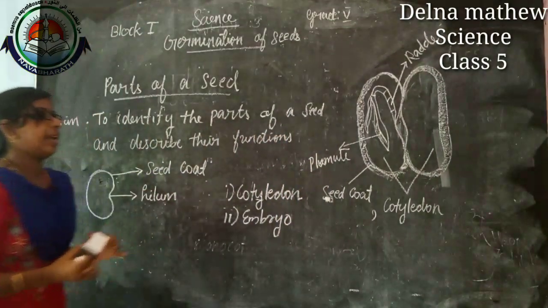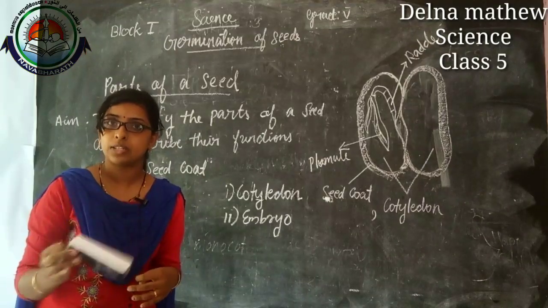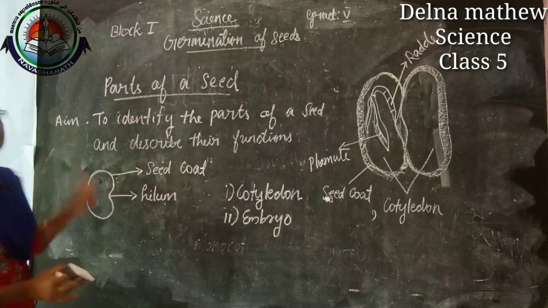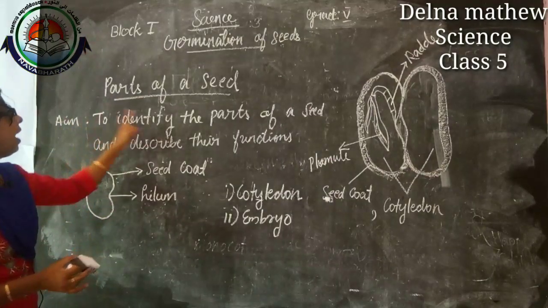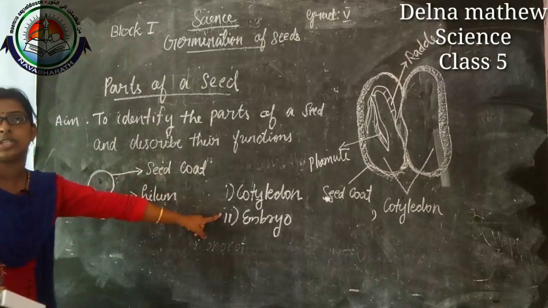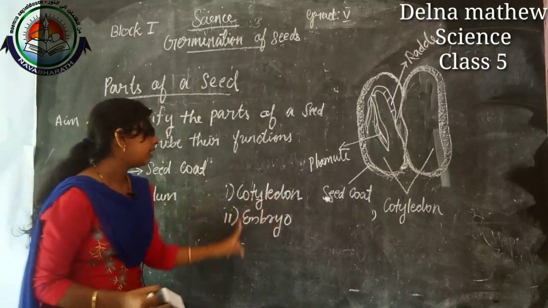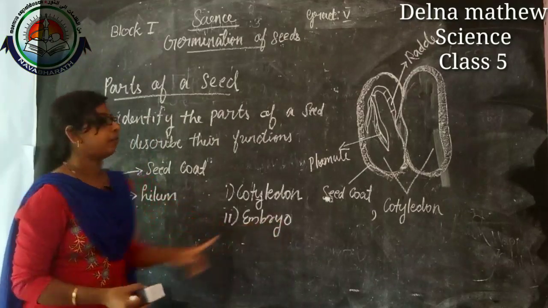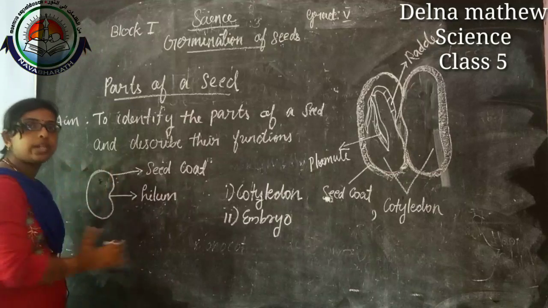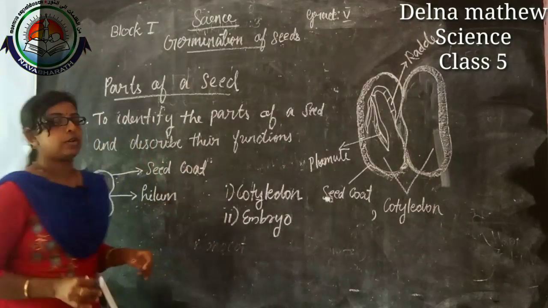So that's all about the parts of a seed. Of these parts, what did we discuss? We identified four parts of the seed: seed coat, hilum, cotyledon and embryo. The first two are the exterior part, that means the outer part of the seed, and the other two are the inner part. The seed coat is the outer covering of the seed, and at the same time it protects the inner part of the seed.